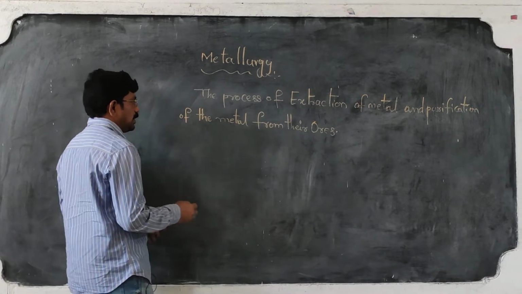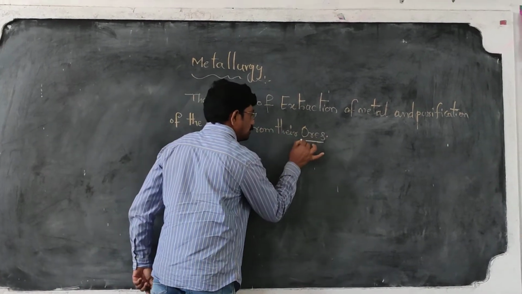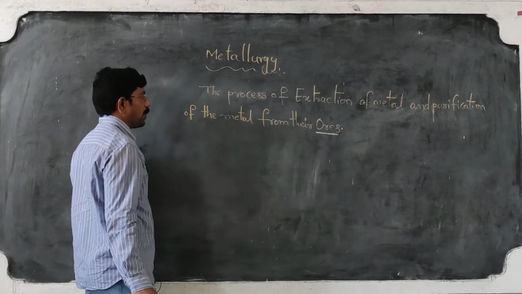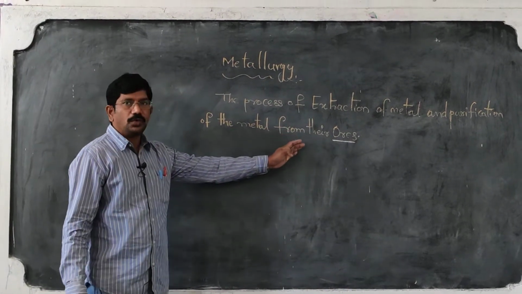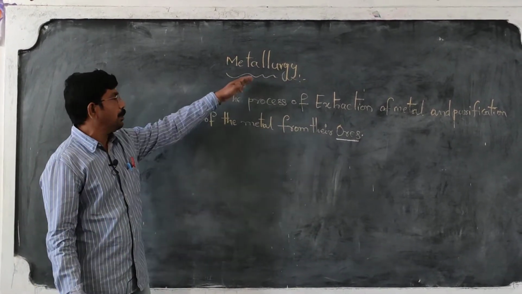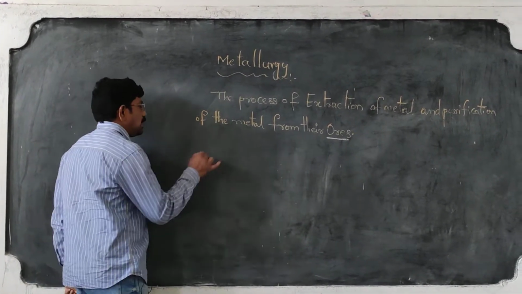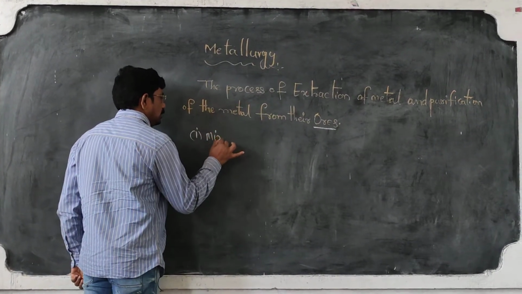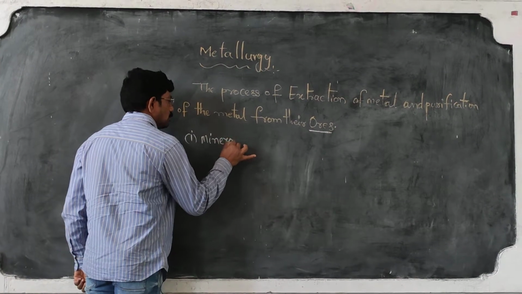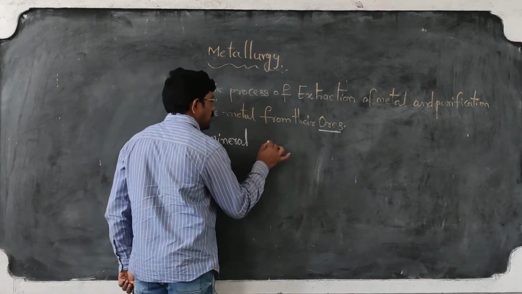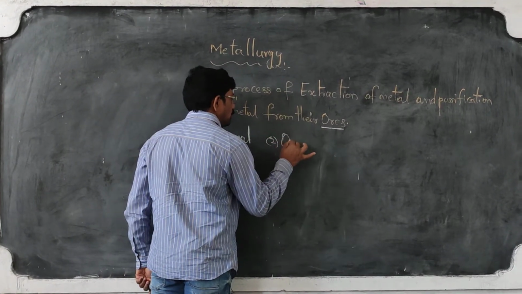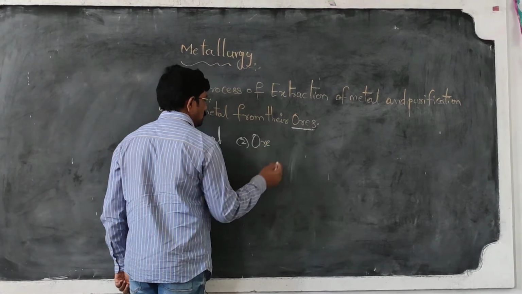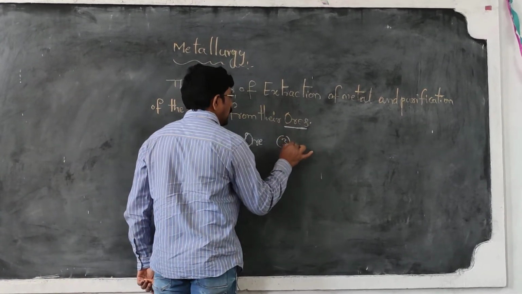I used the term ore here. So what are the terms we use in metallurgy? The first one is mineral. The second one is ore. The third one is gangue.